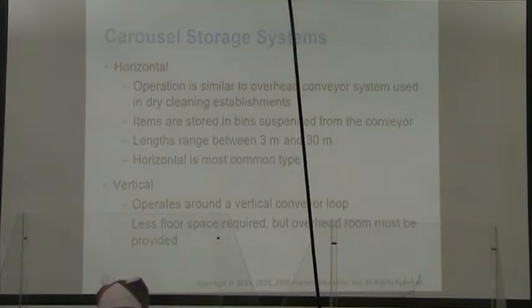I've seen both of these types used, often poorly, because the sense of order is lost. So there has to be a lot of discipline with any of these types of storage to make sure that we are storing things in their correct space so that they're not lost or misused.